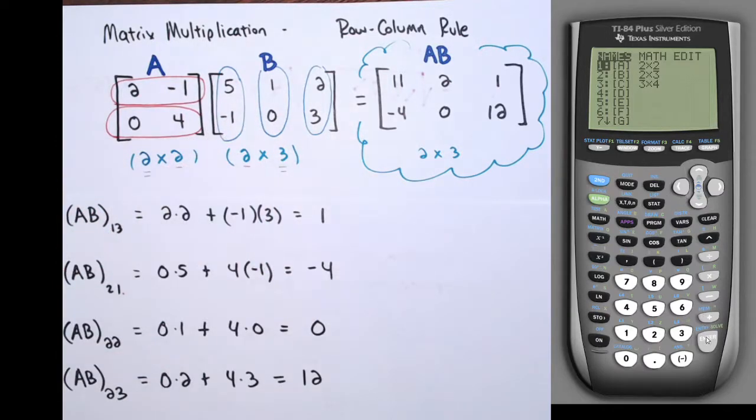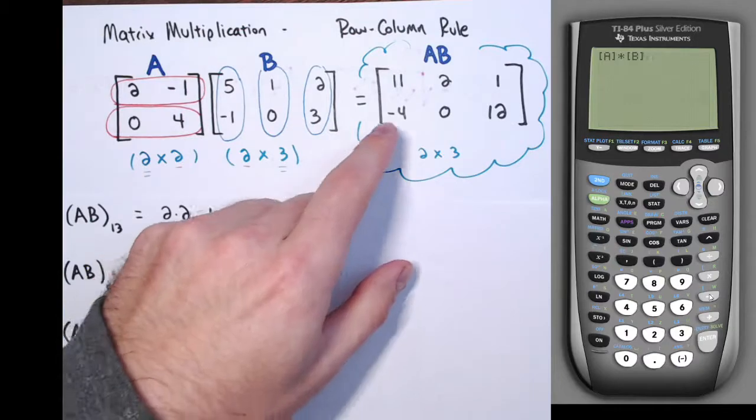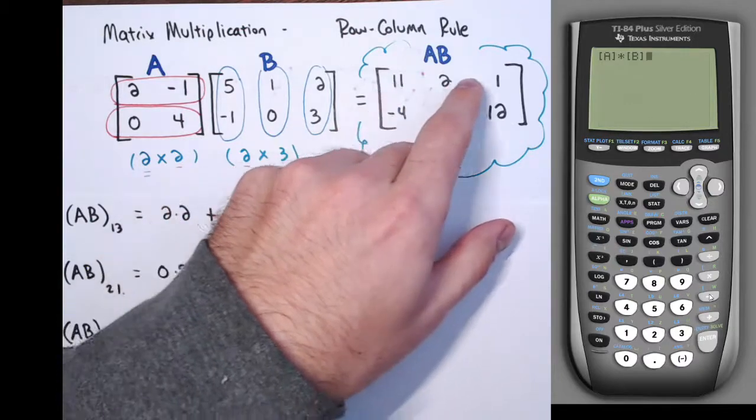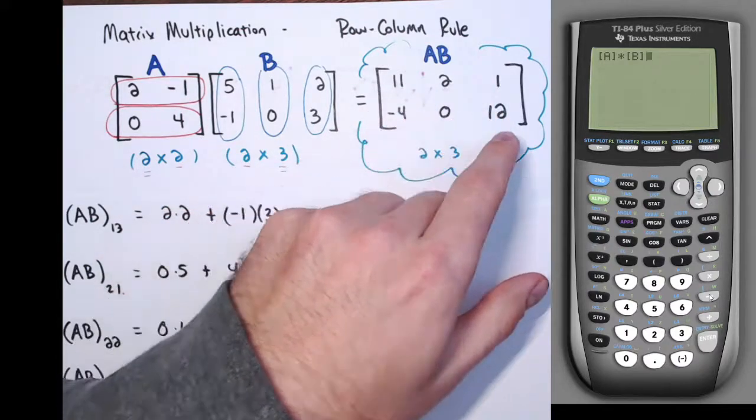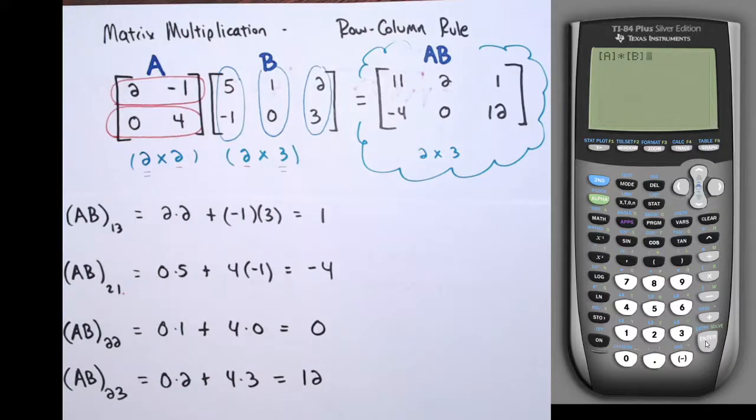So I go on my main screen, enter matrix A, times, and then back to the matrix, and then matrix B, and then you'll hopefully see this 2 by 3 matrix show up with the 11, 2, 1 first row and negative 4, 0, 12 second row. And look at that, it's exactly the same, and it should be if I did everything correctly.